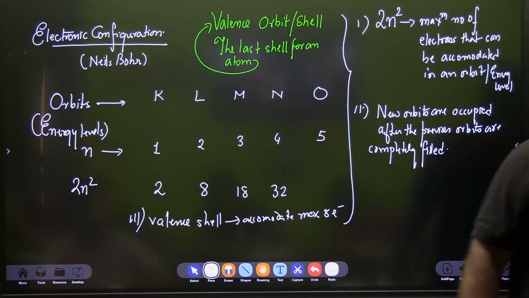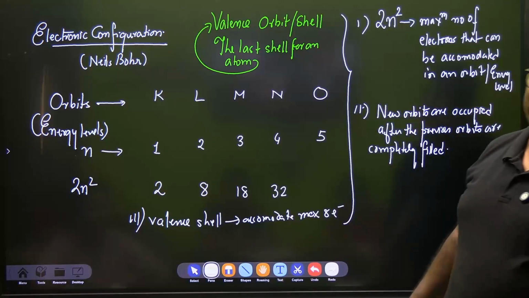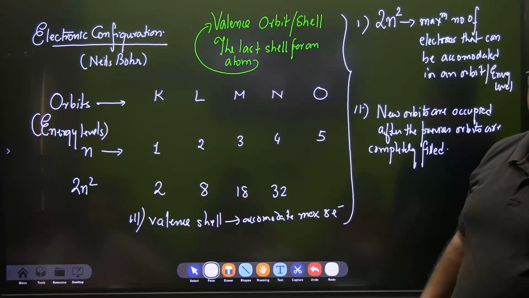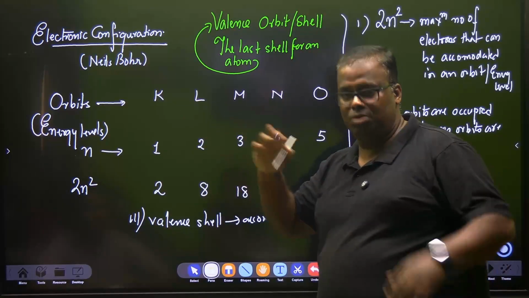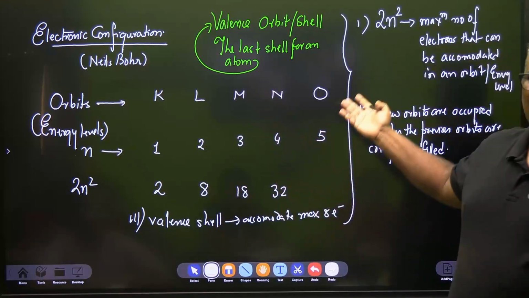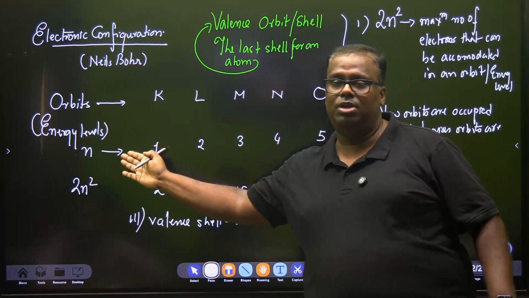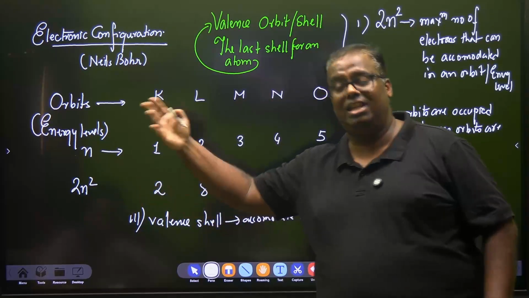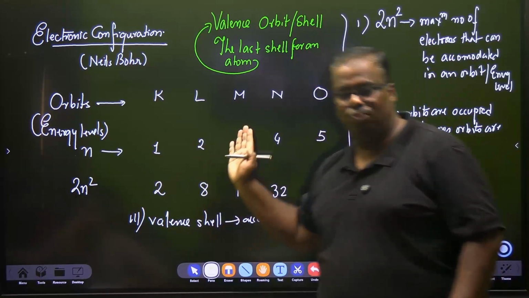You have learned a lot, but what all did you learn? First, what is electronic configuration: how electrons are configured in an atom. You learned that electrons reside in various orbits, K, L, M, N. Each has an n number count. This n, later in grade 11, you will learn is the principal quantum number: 1, 2, 3, 4.